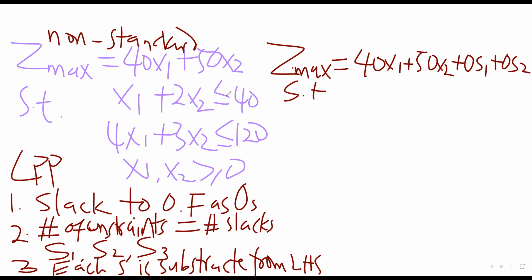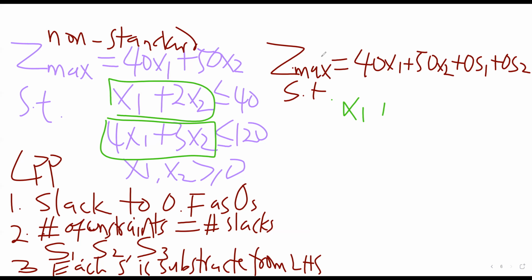Well, it is the part you are seeing here. In rewriting this, you write x1 plus 2x2, then you subtract the first slack, S1, and then you convert the inequality to equality. And that is the last part of the rule.